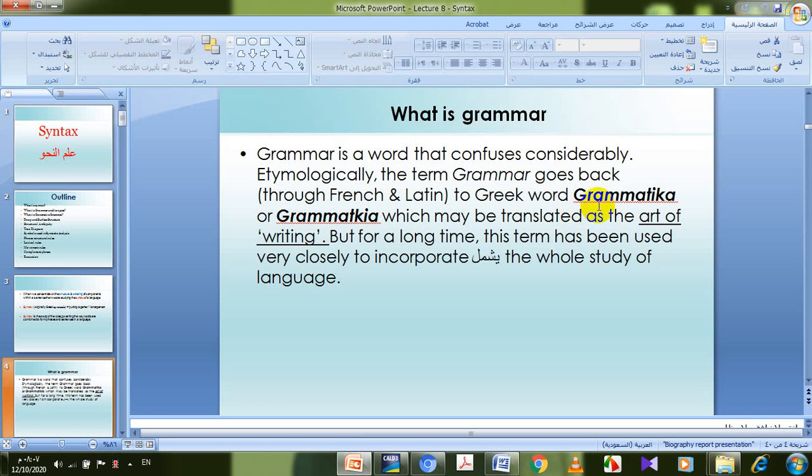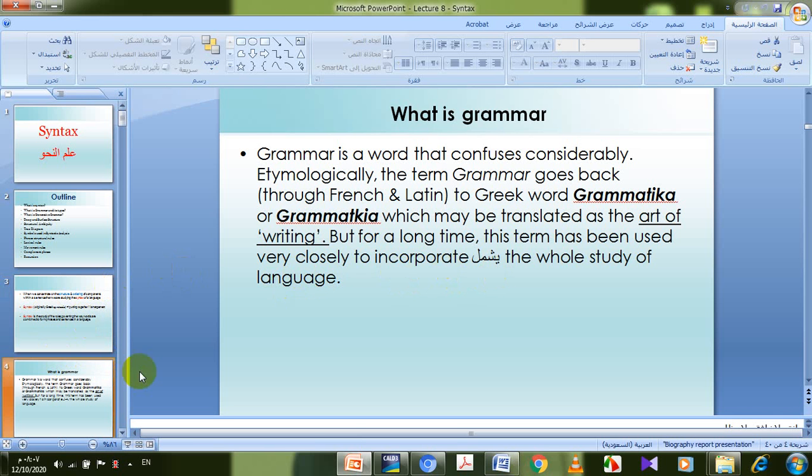But for a long time, this term has been used very closely to incorporate the whole study of language. So grammar, in short, incorporates the whole study of language.